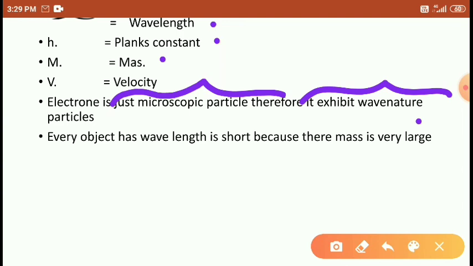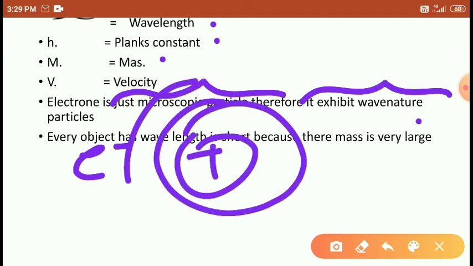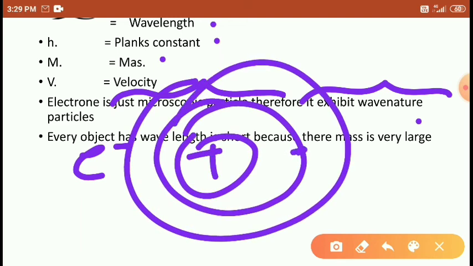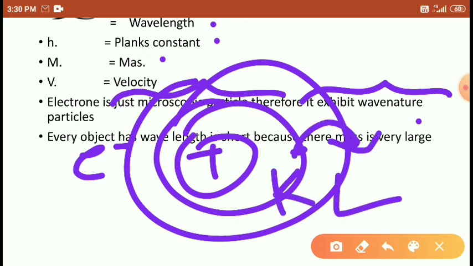For example, take the electron, a microscopic particle, which moves from one energy level to another, from the first energy level to the second, or from one shell to another, with a fixed energy. While moving, they move like a wave, right students?